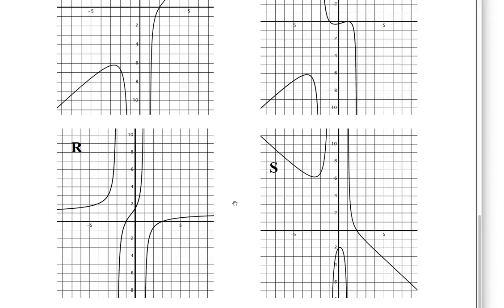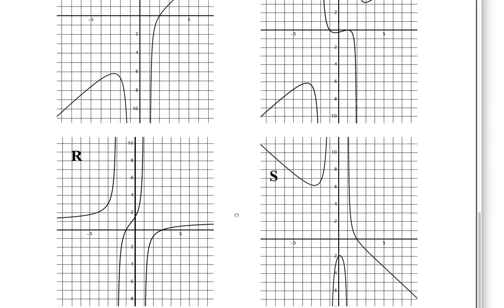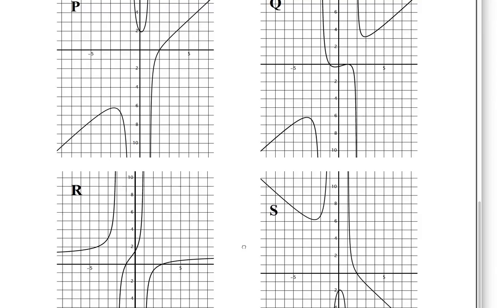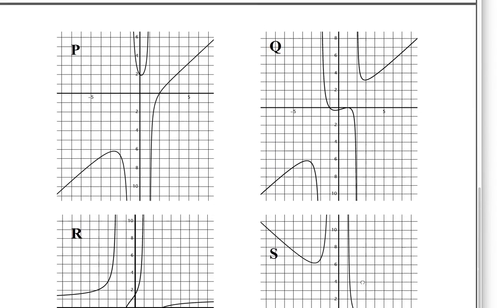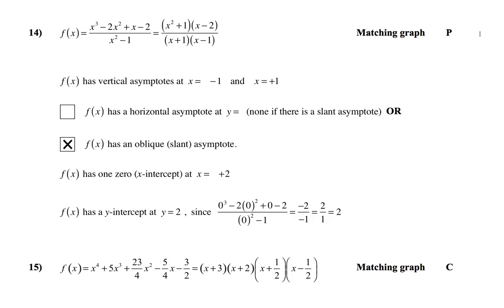So finally, we look at the x-intercepts and the y-intercept. Well, both P and S have an x-intercept at 2, which is what we're looking for, but only P has a y-intercept at +2, as opposed to this one at -2, so we know that P is the graph that matches that function.